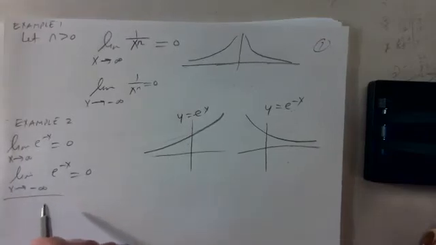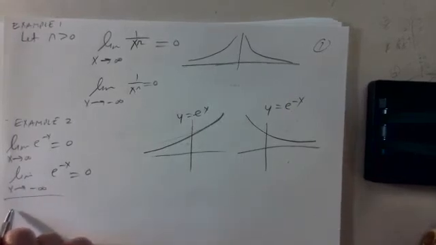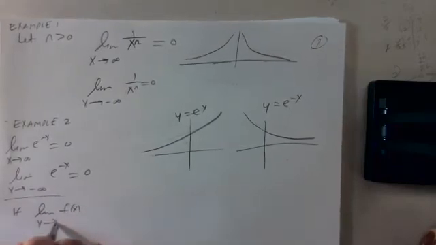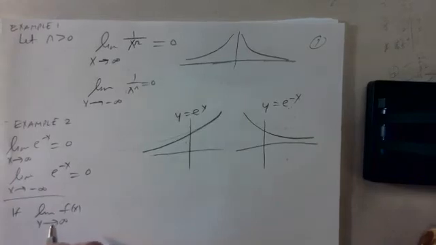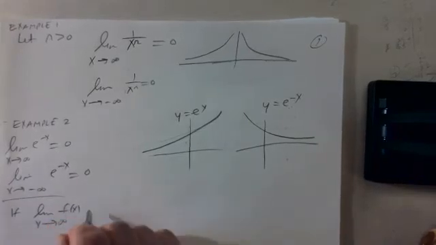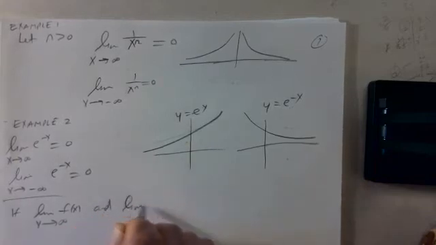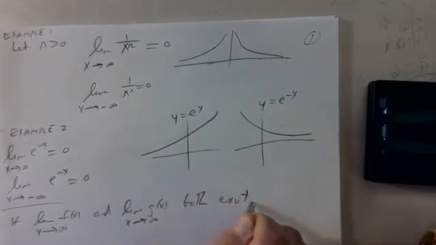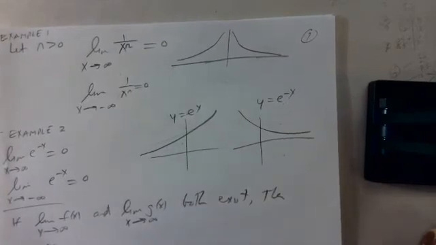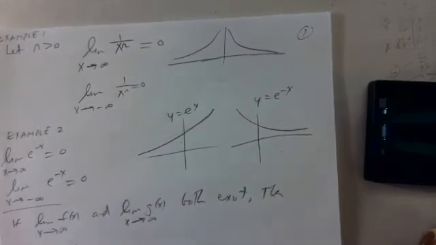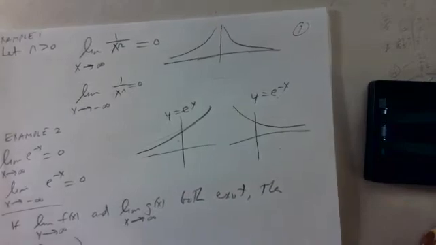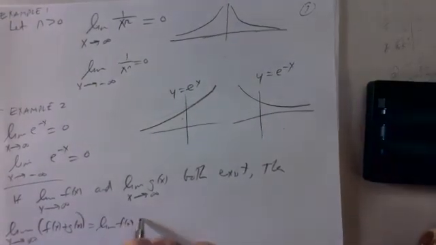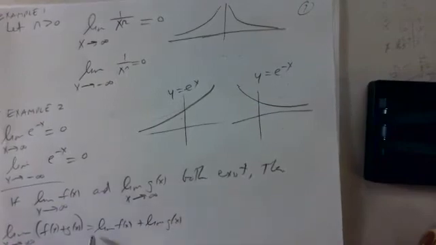And then there's also the following sort of basic fact: if the limit of f of x as x goes to infinity and the limit of g of x as x goes to infinity both exist, then if we take f of x plus g of x, the limit of this as x goes to infinity is the sum of the limits of f of x and g of x individually.